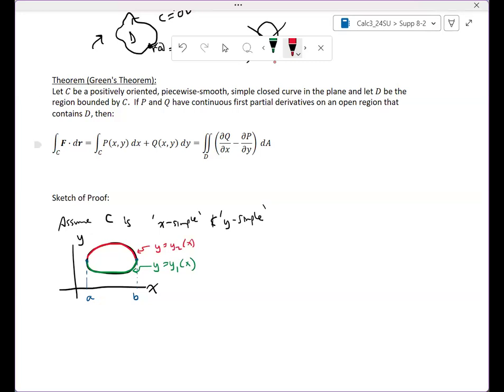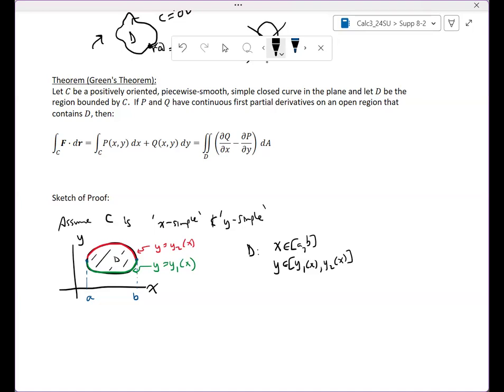So I see that the enclosed region, which I may call D, can be written fairly simply because y just goes from y1 up to y2.